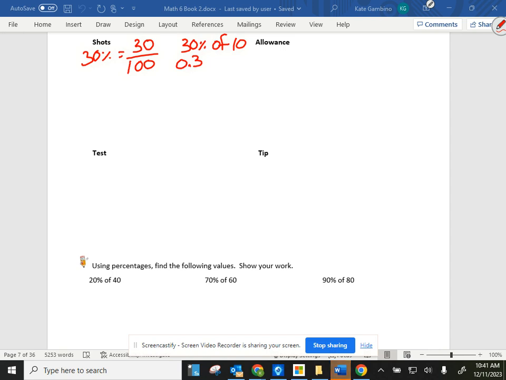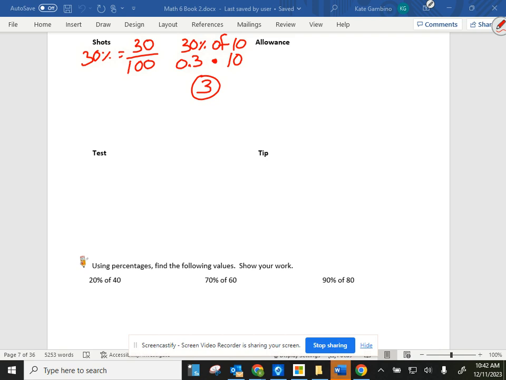Jimena, what does "of" mean? Multiplication. Do you think we could solve it with 0.3 times 10? Would that give us an answer? It would. What answer would we get? Leah? 3. If we do 0.3 times 10, we get an answer of 3.